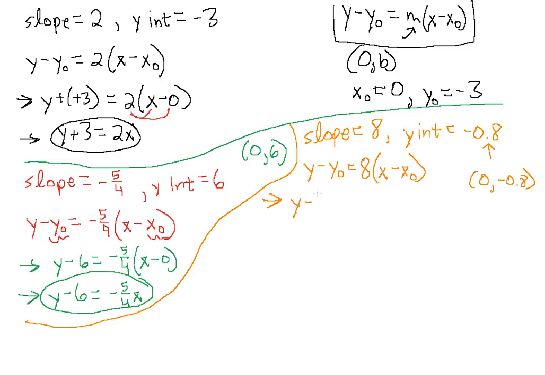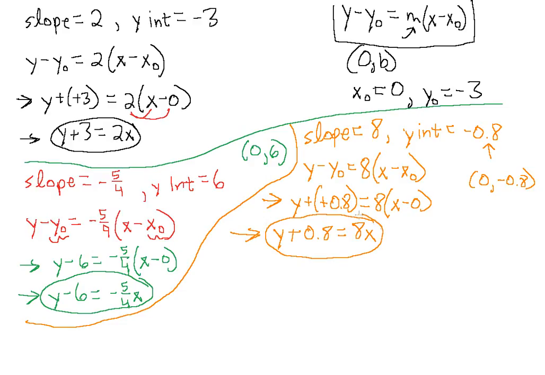We have y minus y naught, which is minus 0.8, equals 8 times x minus x naught, which is 0. And we can simplify this, cancel our negative signs, which gives us y plus 0.8 equals 8x. We don't even need to write the 8 times 0 because that's just a 0 term, and that's our answer. All right, fairly straightforward.